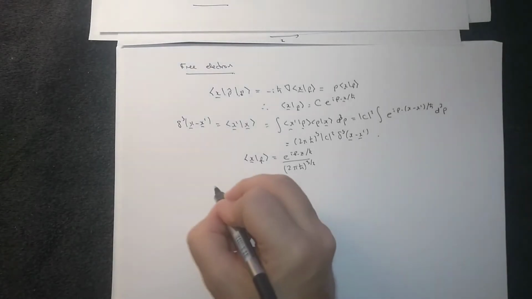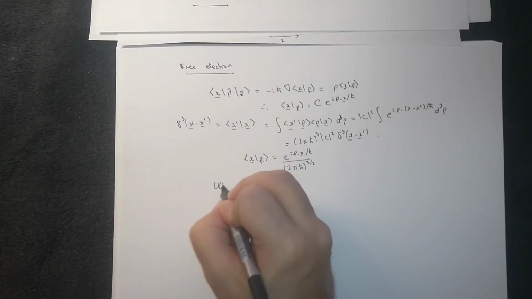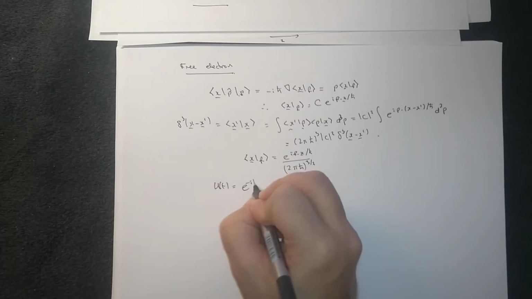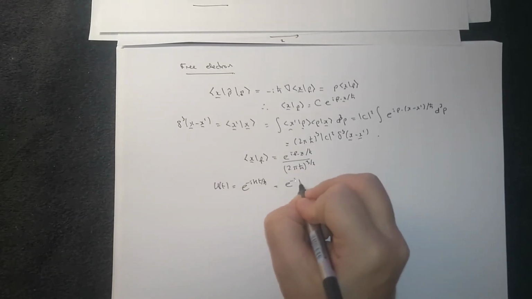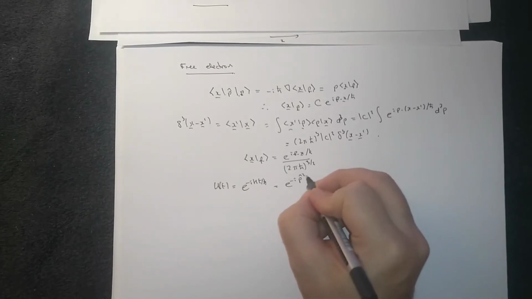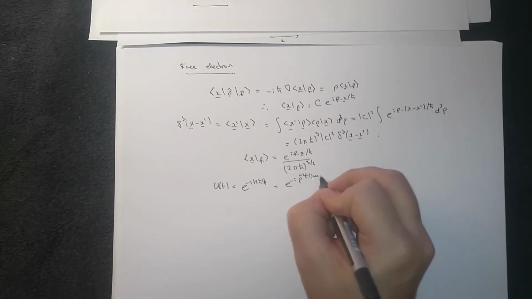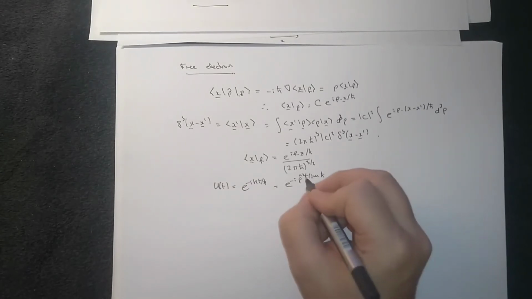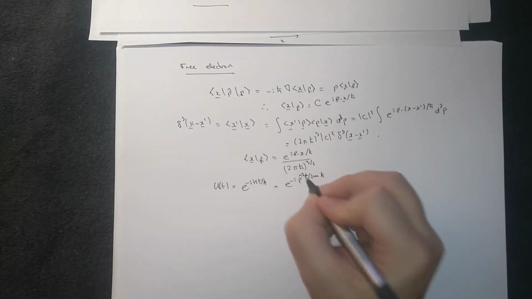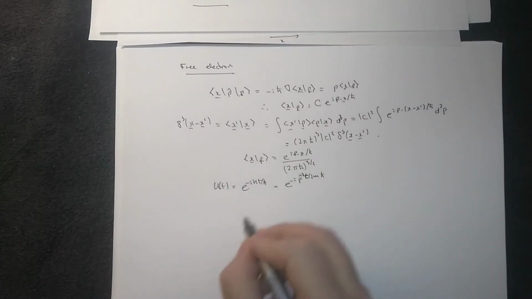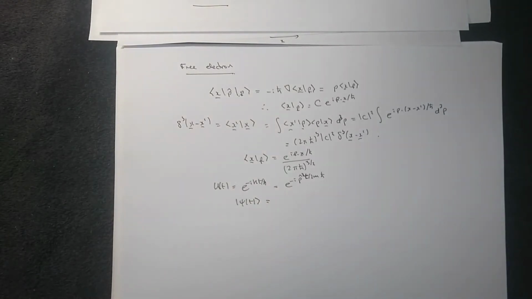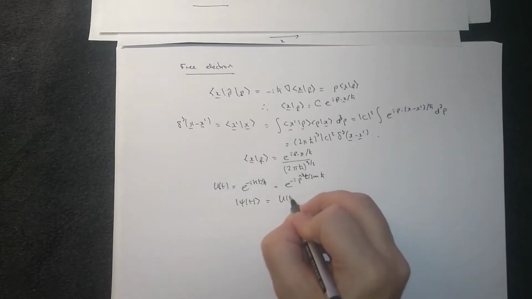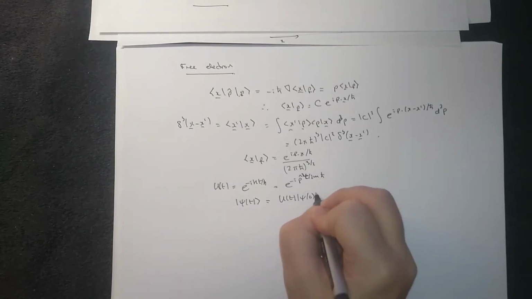Now the time evolution operator U of t is e to the minus iHt over h bar, which is e to the minus i p hat squared t over 2m h bar. Then a state evolves according to the following rule.